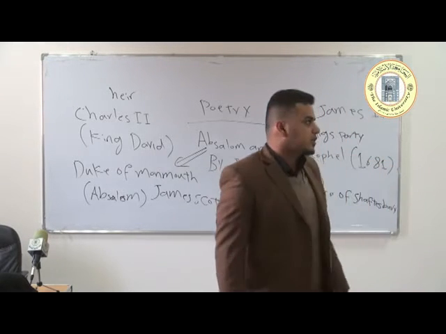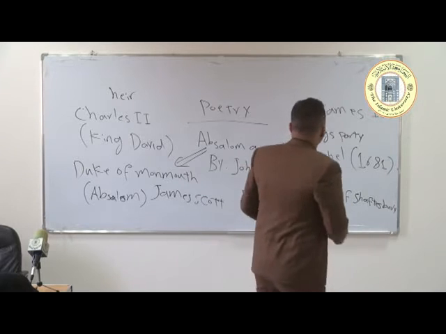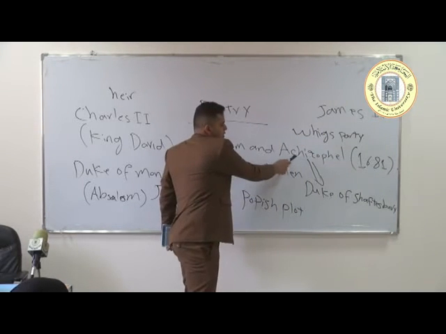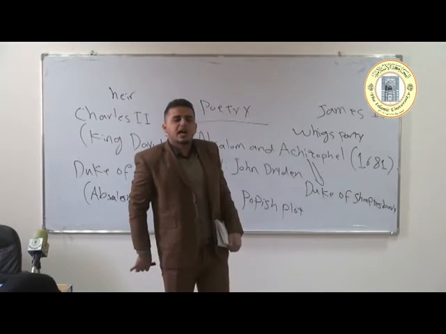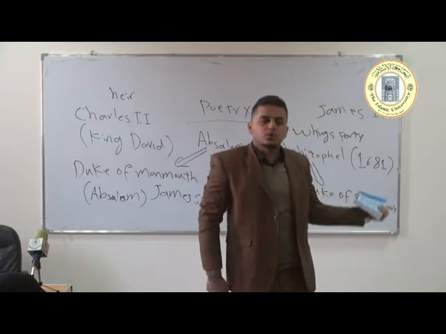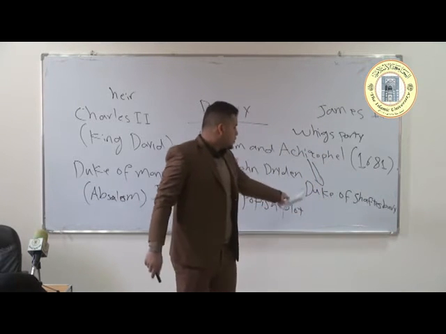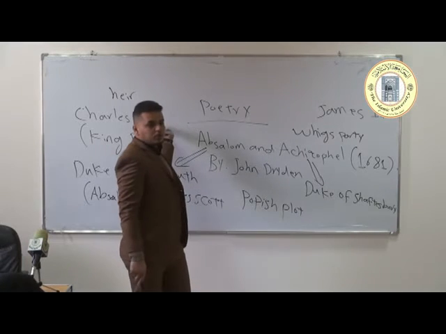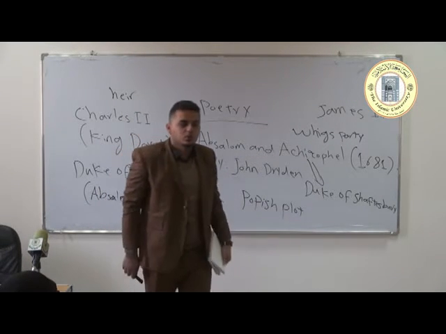And the advisor is supposed to be a loyal person to the king, David. Achitophel chose to stand with the son rather than with the king. As is the case with the Duke of Shaftesbury, who is supposed to be a supporter of Charles II, but he supported whom?